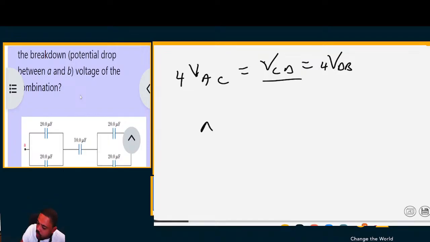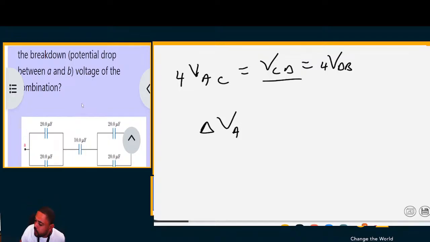Okay, so the voltage between A and B, the whole setup, we do it step by step.